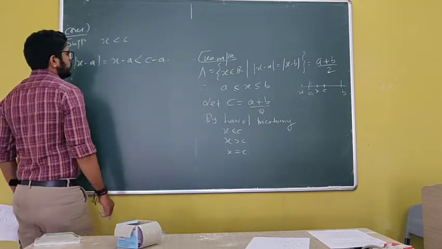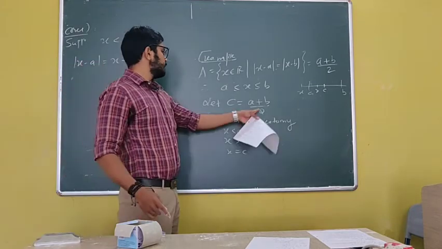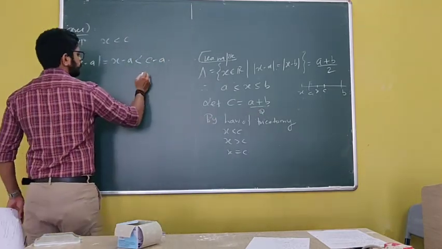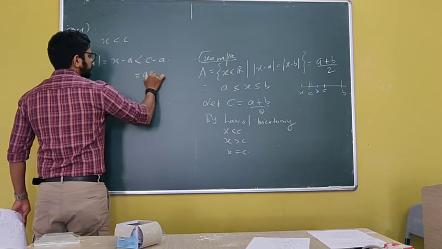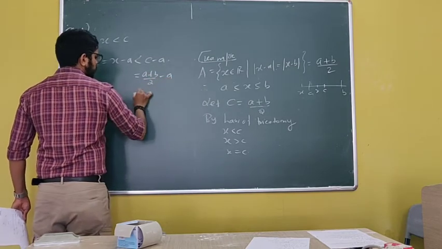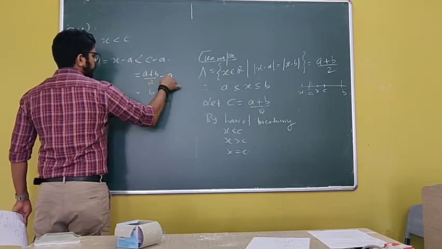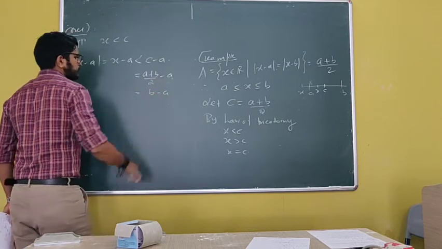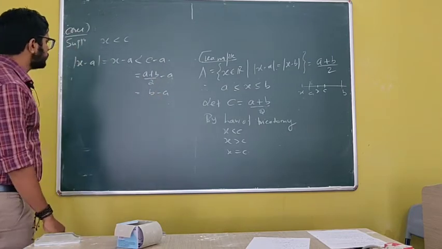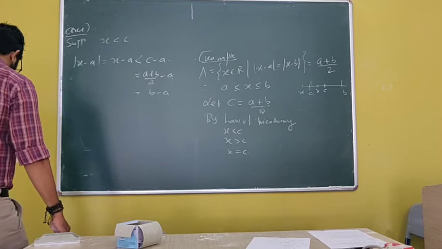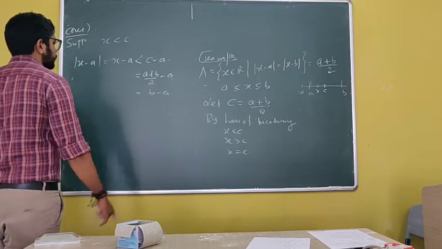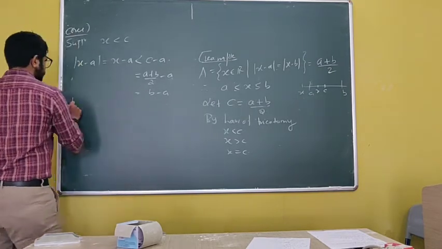But what is c? I have taken c to be a plus b by 2. So what I get is a plus b by 2 minus a, which will be b minus a by 2. I hope I'm not making a mistake. Yeah, right. And what about x minus b?